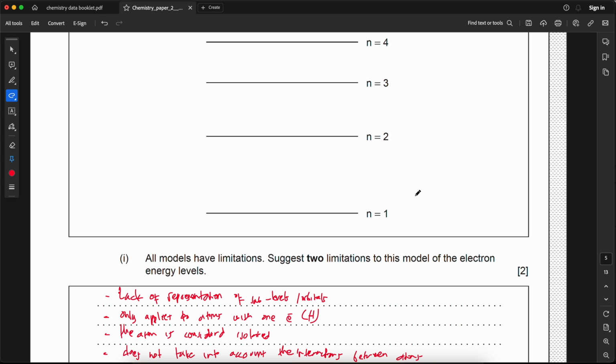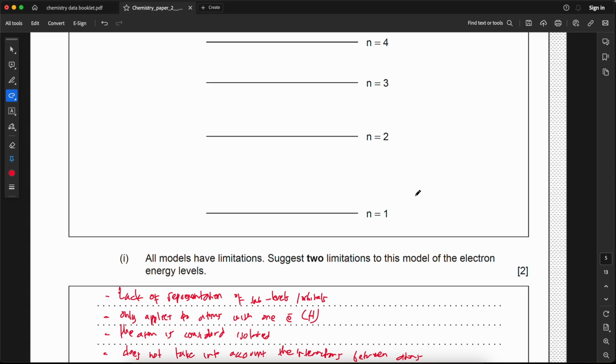It does not extend well to atoms with multiple electrons. Not only hydrogen has one electron, but we have other atoms that have multiple electrons. So each element should show a unique electron configuration, but through this model, it doesn't represent a unique electron configuration because some atoms have multiple electrons.